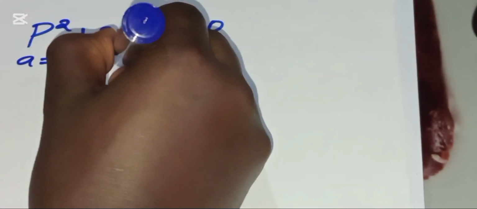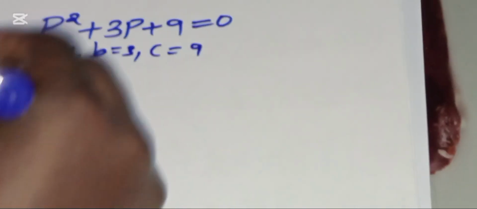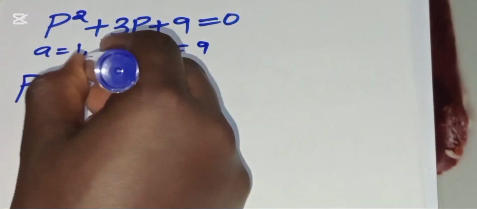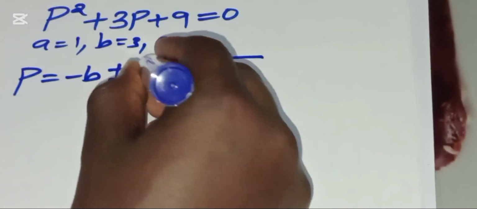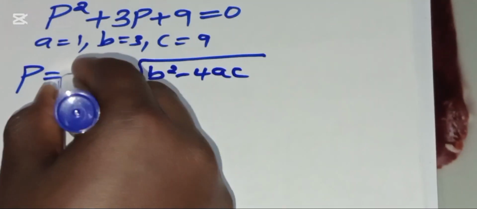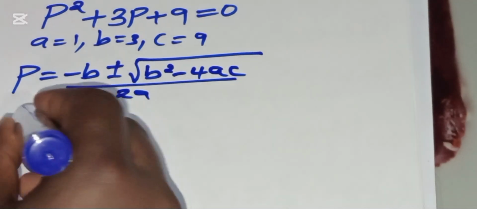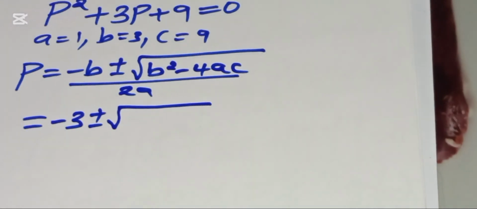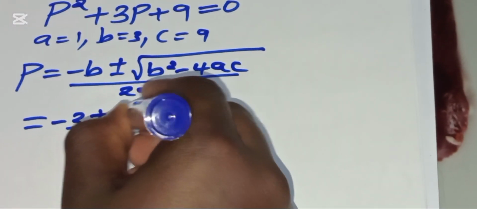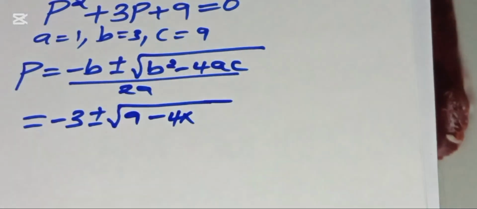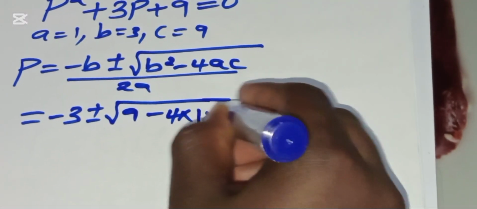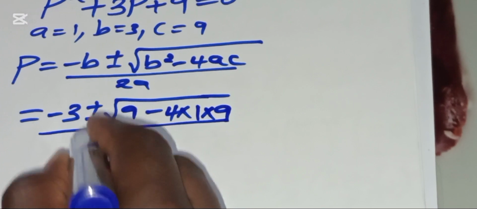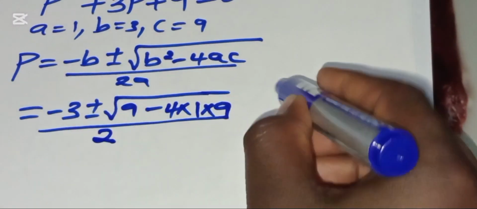From this quadratic equation, we have that A is equal to 1, B is equal to 3, and C is equal to 9. So applying the quadratic formula, which is negative B plus or minus the square root of B squared minus 4AC, divided by 2A. If you substitute, you're going to have negative 3 plus or minus the square root of 3 squared, which is 9, subtract 4 times 1 times 9, divided by 2 times 1.